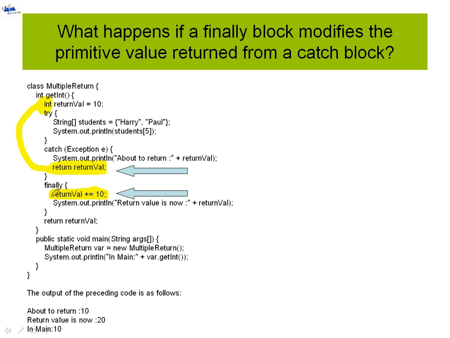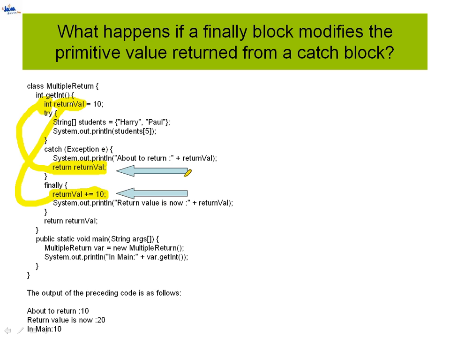When you try to modify the value of this variable, you are actually modifying another copy and not the one which the catch block is trying to return. So one statement is returning a value and the other is modifying a copy of that value. This is the reason why modifying the value in the finally block won't affect the value returned by the catch block.